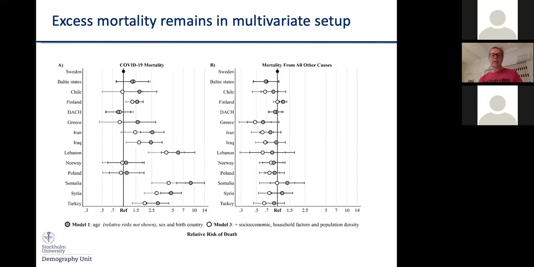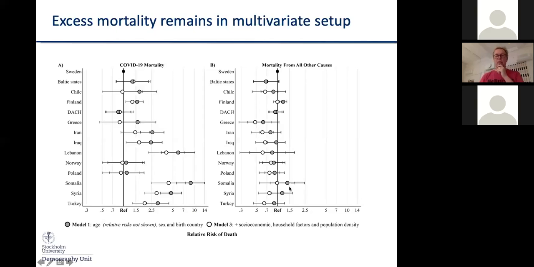And here we have done much more detailed country of origin specifications. DACH is for Deutschland, Austria, and Schweiz, if anyone wonders. These are the biggest immigrant groups in Sweden. And here you have a healthy migrant effect, generally lower mortality.